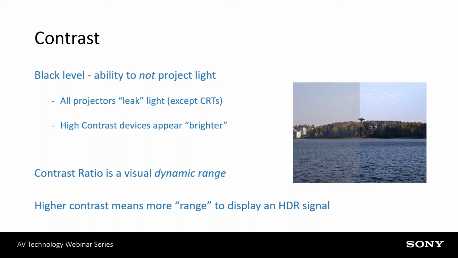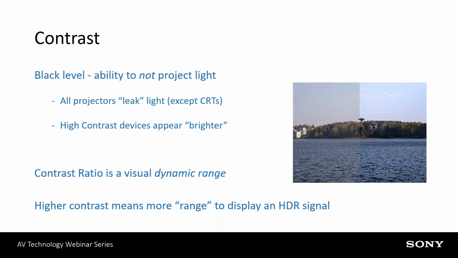If you're an audiophile, audio equipment has a measurement typically called dynamic range. It's how well it reproduces low frequency sound and how wide a range of frequency it can reproduce. Contrast ratio is a visual dynamic range. It's basically how dark can I go and how bright can I go.